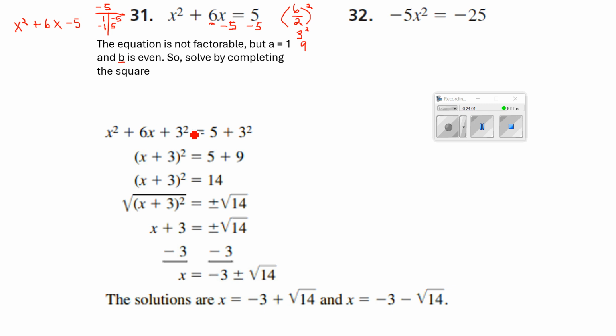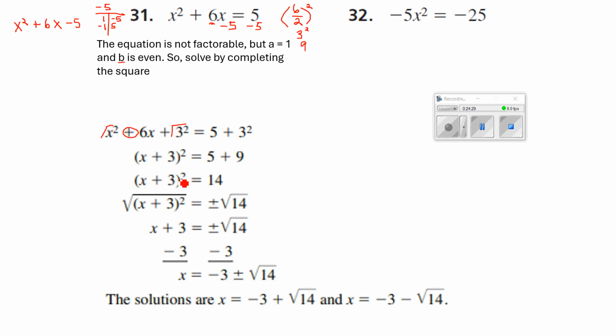And then the perfect square here, remember we're squaring these things here. And then we're using the sign that's in front of this. So we got x, and then the plus sign, and then 3. So now we got x plus 3 squared equals 5 plus 9, which is 14.